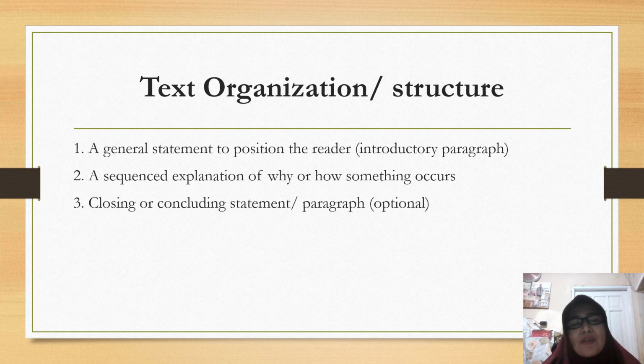And then closing means a concluding statement, so it can be there or not. I mean, it's optional. And this text can be easily identified by its title. The title is usually in question form. For example, how does an earthquake happen, how does a flood happen, something like that.